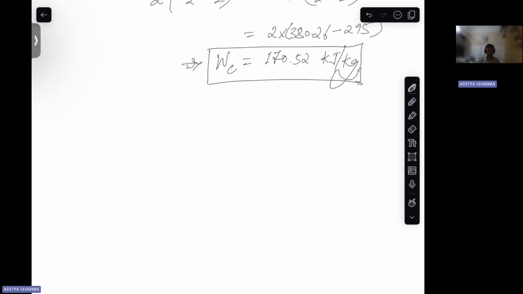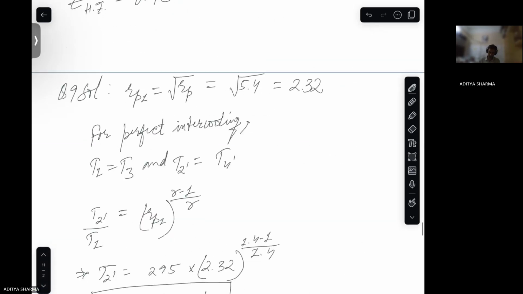We need T5 and then we need T8. Now to find T8, let's see.